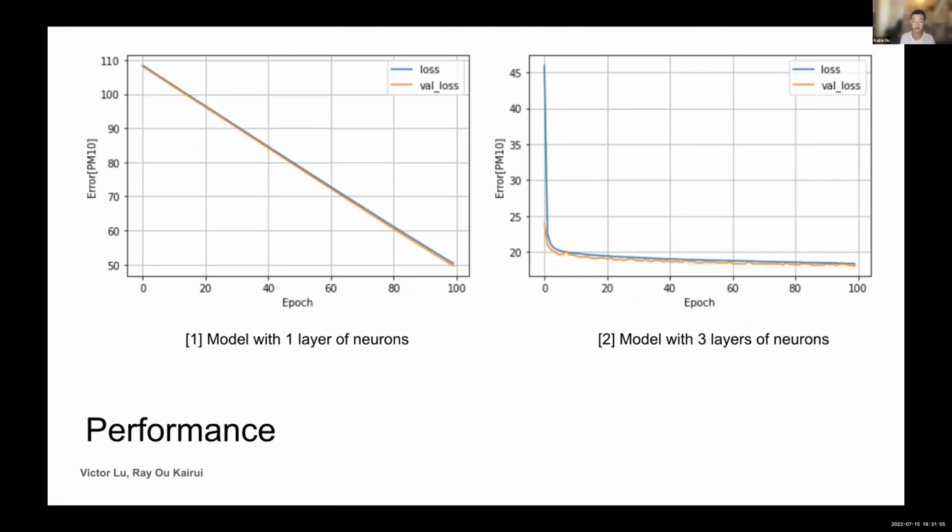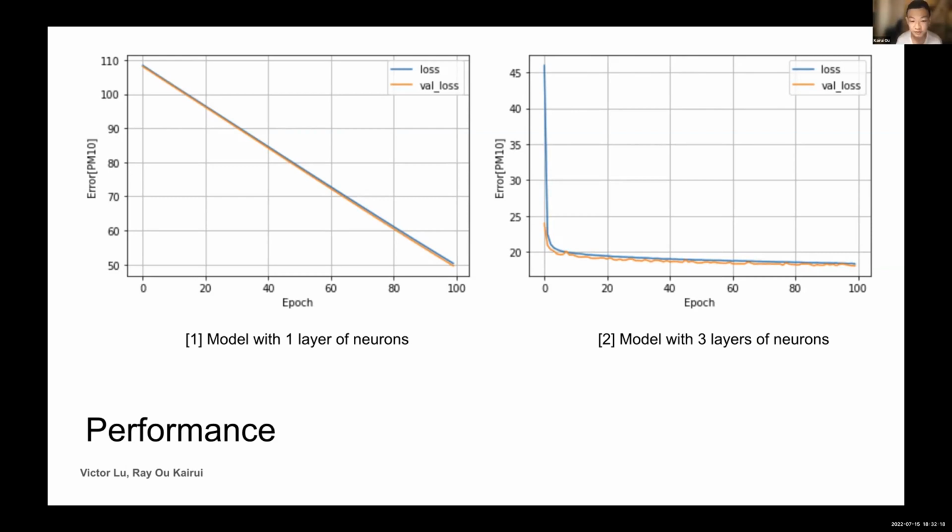This slide shows the plot graph of the errors of the predictions. Here are 2 graphs. The first graph is the model with 1 layer of neurons, and the second graph is the model with 3 layers of neurons. They've all been tested for 100 epochs, and we can clearly see the difference between them.